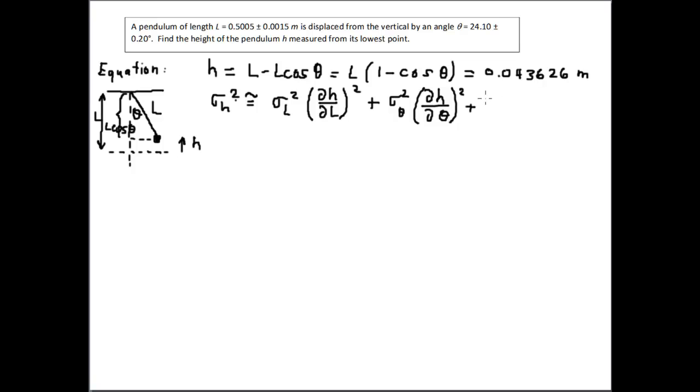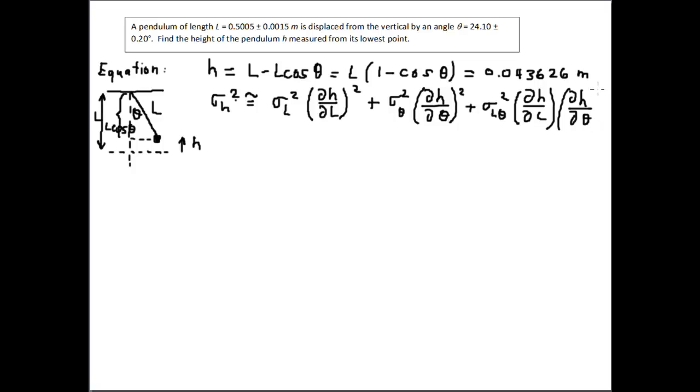And then there would be the covariance term, which would be written sigma L theta squared times the product of the partial of h with respect to L times the partial of h with respect to theta.